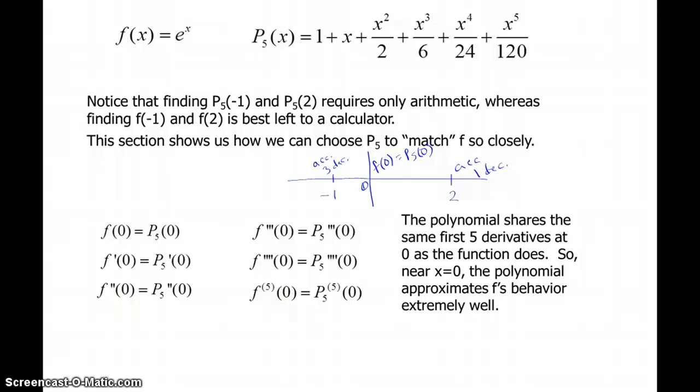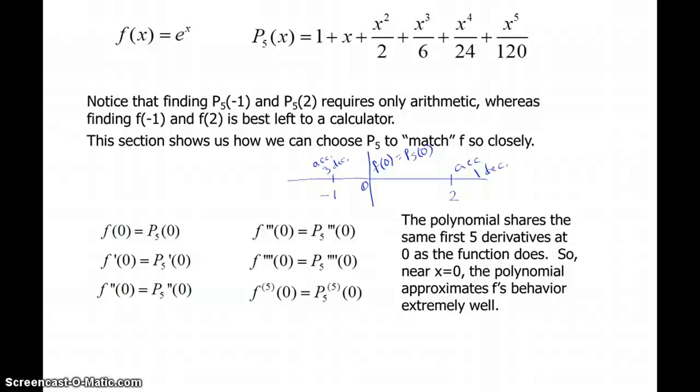So finding p sub 5 of negative 1 and p sub 5 of 2 only required arithmetic. We could do that without any help whatsoever. However, finding f of negative 1 and f of 2, if we want any accuracy at all, we need some help with a calculator, computer, something.